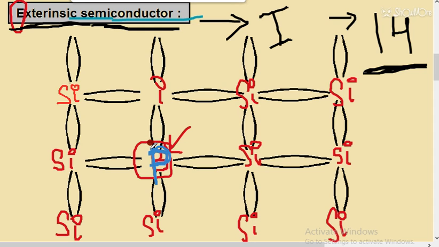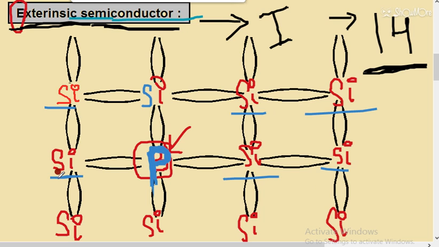Any semiconductor in which the other elements are the same, like here silicon, further silicon, but one impurity is there, that can be phosphorus, that can be boron, that can be any impurity.